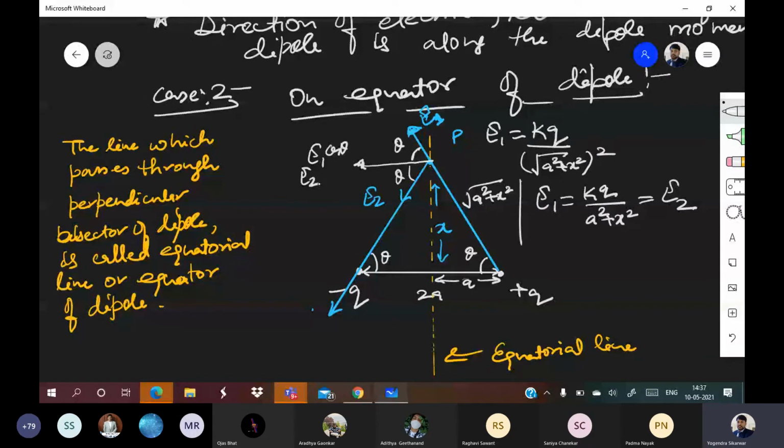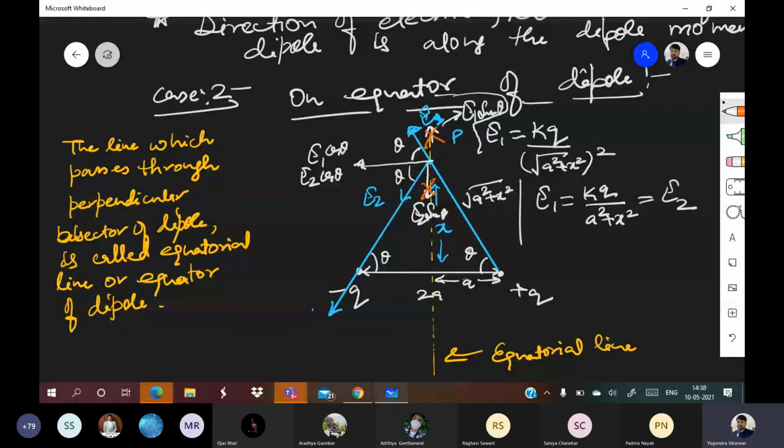So this is E2 cos theta, this is E2 sin theta, and this is E1 sin theta. Now, E2 sin theta and E1 sin theta are equal and opposite. These two will get cancelled.